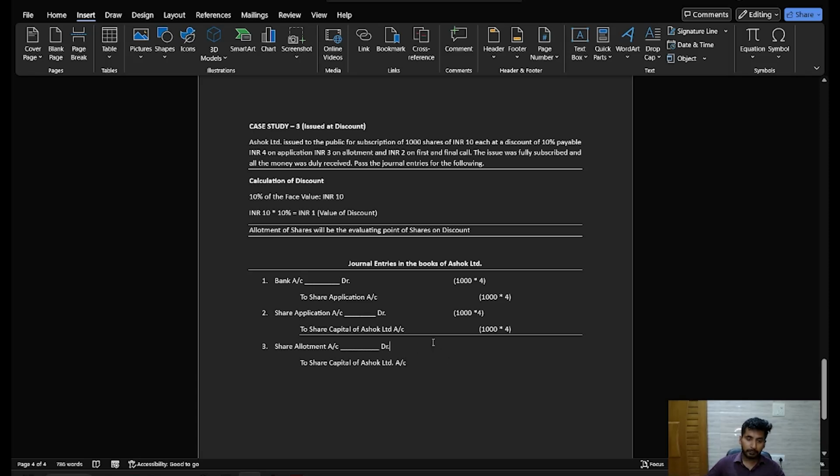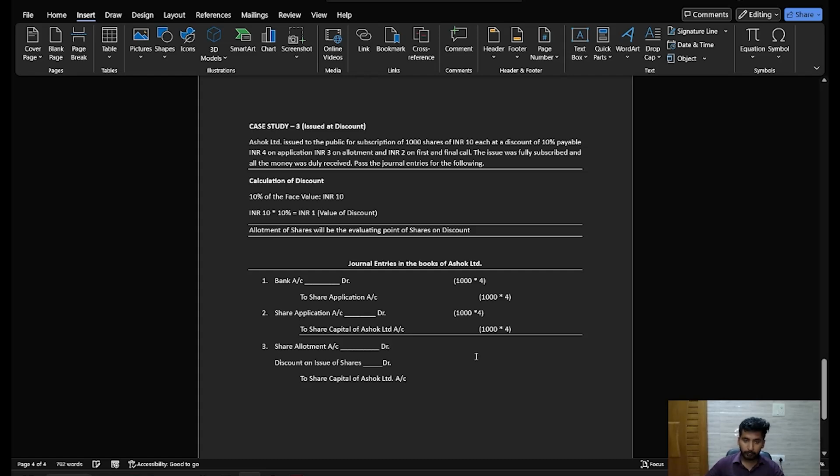And since discount is an expense, and we debit all expenses and losses, discount on issue of shares debit to share capital.